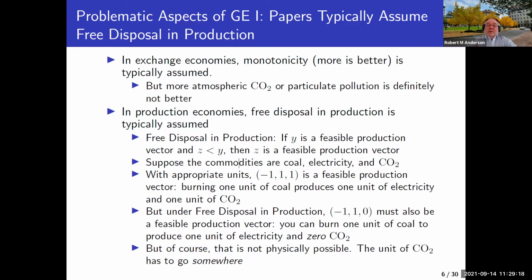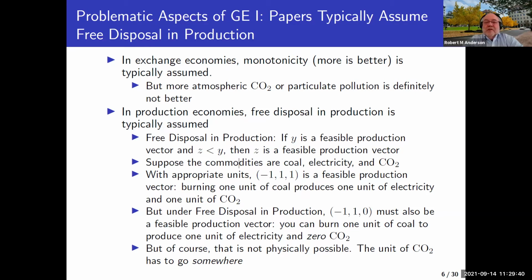And the assumption that's typically made is if Y is a feasible production vector and Z is less than Y, so Z is less than or equal to Y in all components and strictly less than at least one, then Z is also feasible. So let's look at what that says in the market for generating electricity.